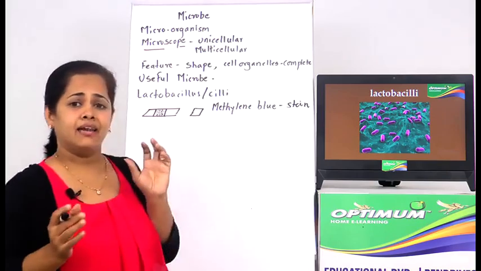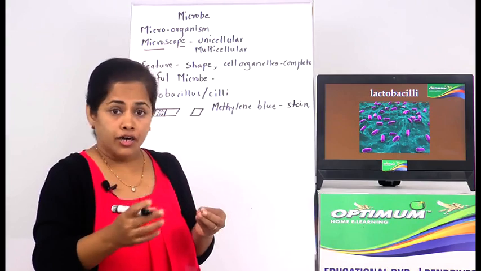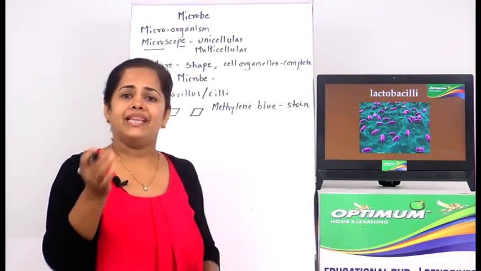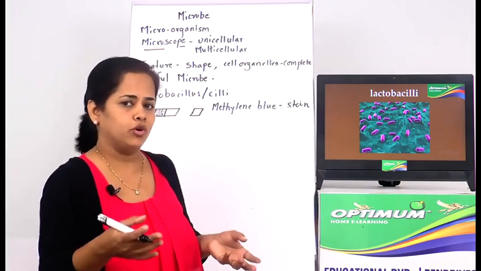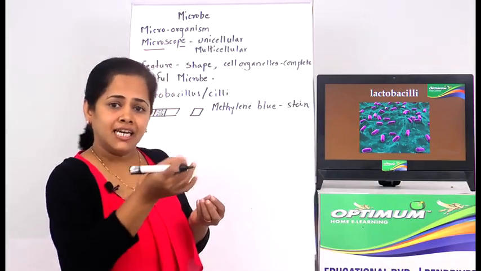Now what is a stain? A stain is a chemical that is used on specimens, and there are different types of stains. This is one of them, methylene blue. So when they are added to the organism that we want to observe, or whichever part of the cell that we want to observe, that part gets colored, and then it becomes very easy to see.